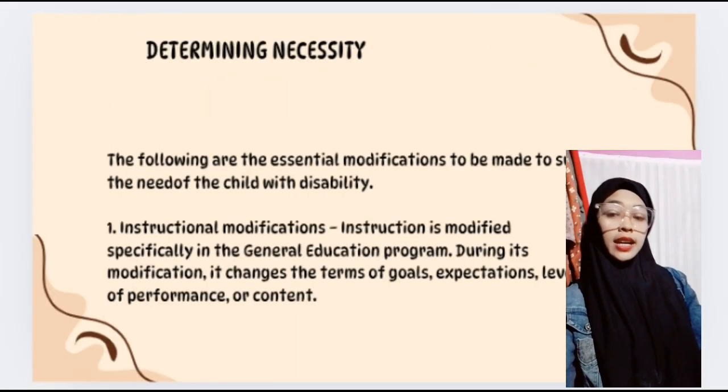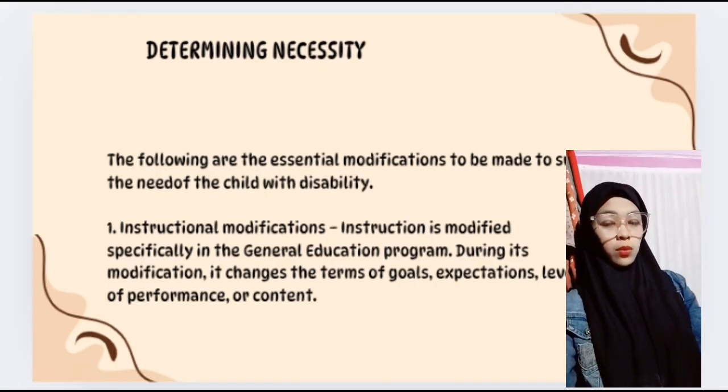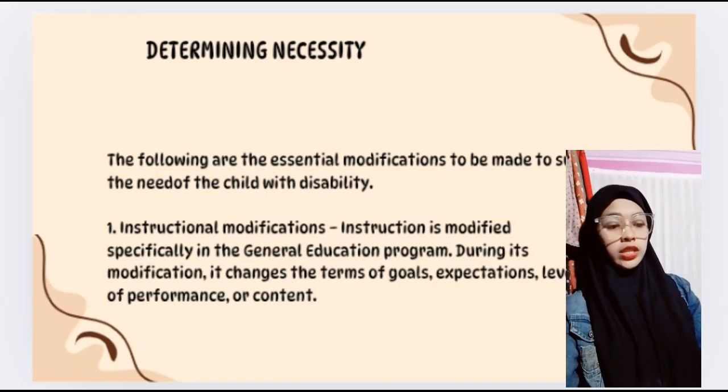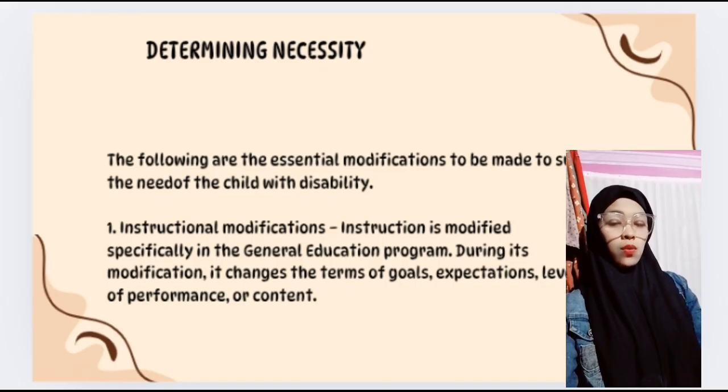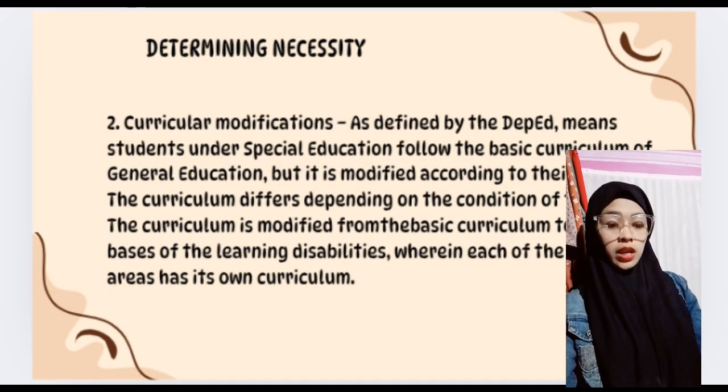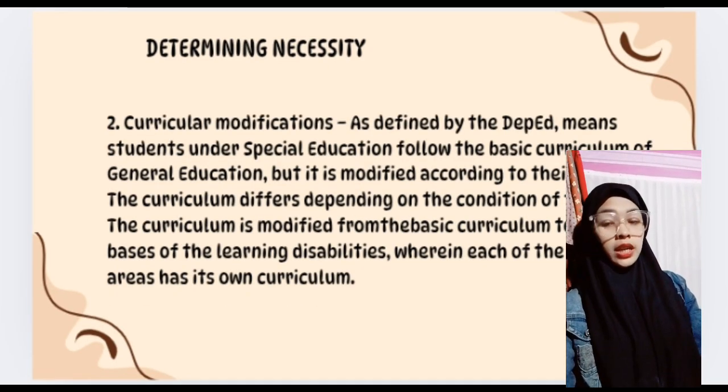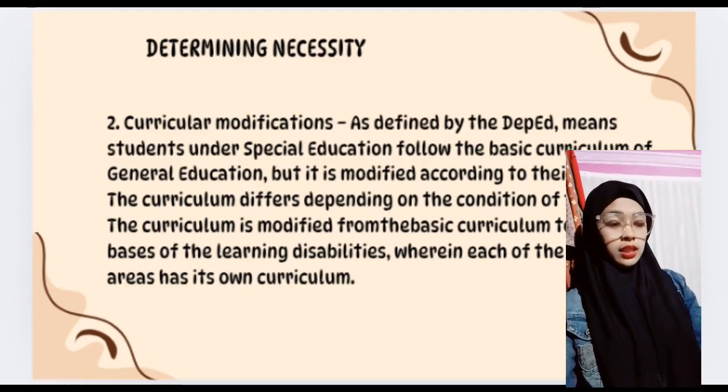Now we will move on to determining necessity. First is the instructional modification. So what does it mean? It changes how the instruction is delivered. This might involve adjusting the language used, breaking down tasks, providing more time, or offering different ways to demonstrate understanding. Second is curricular modification. It changes the content of what's taught.